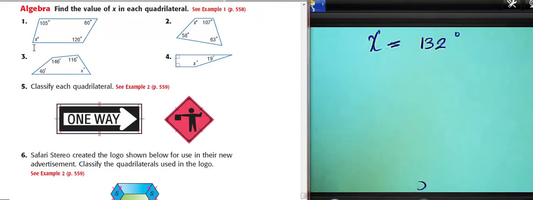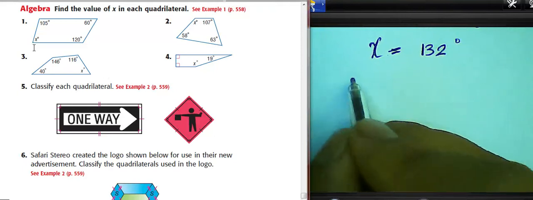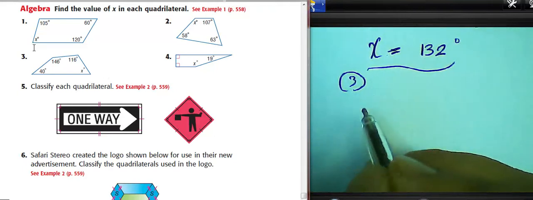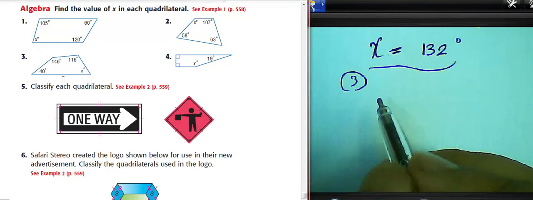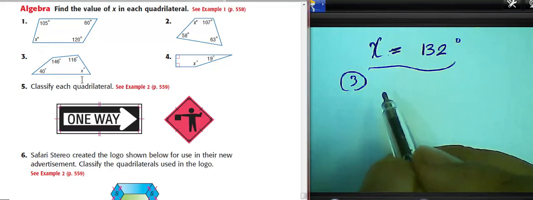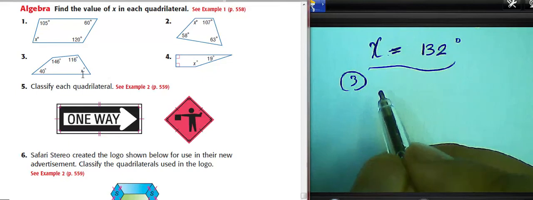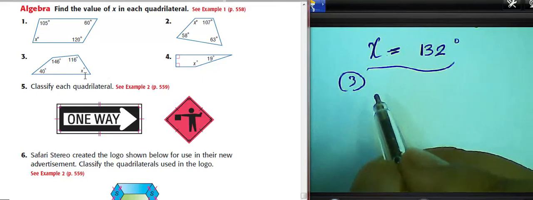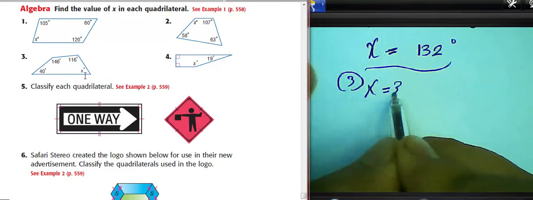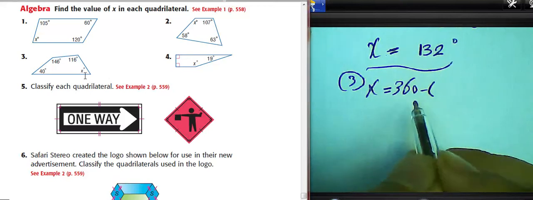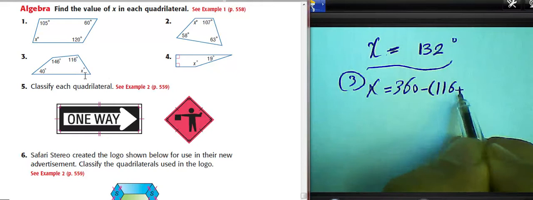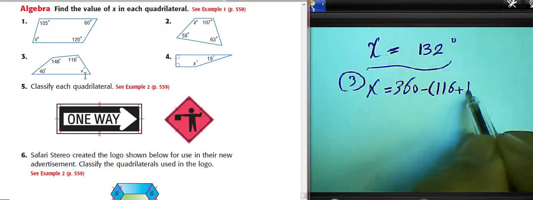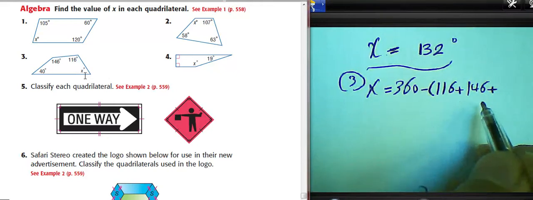Question number 3. We know this figure is a quadrilateral. We can find the measure of x here. Okay, x equals 360 subtract the sum of the interior angles of this figure, 116 plus 146 plus 40.